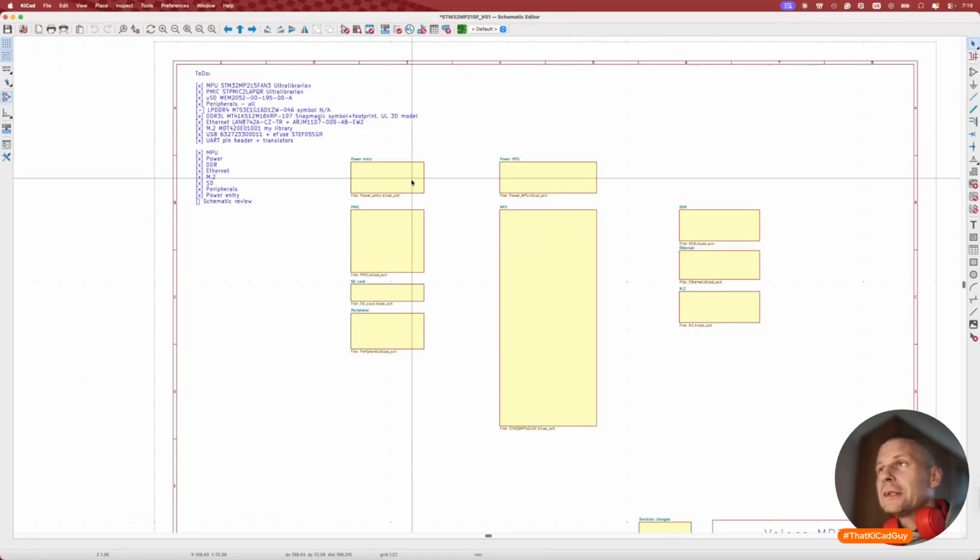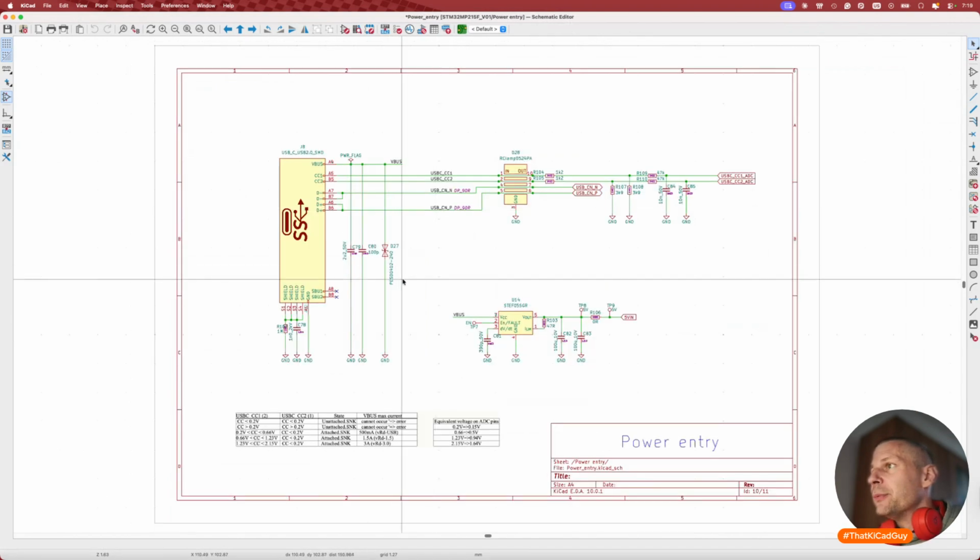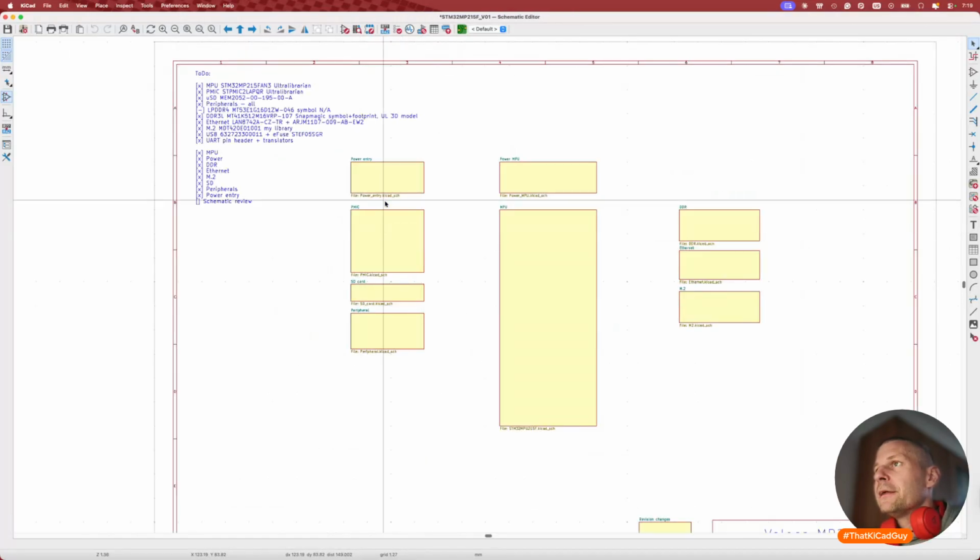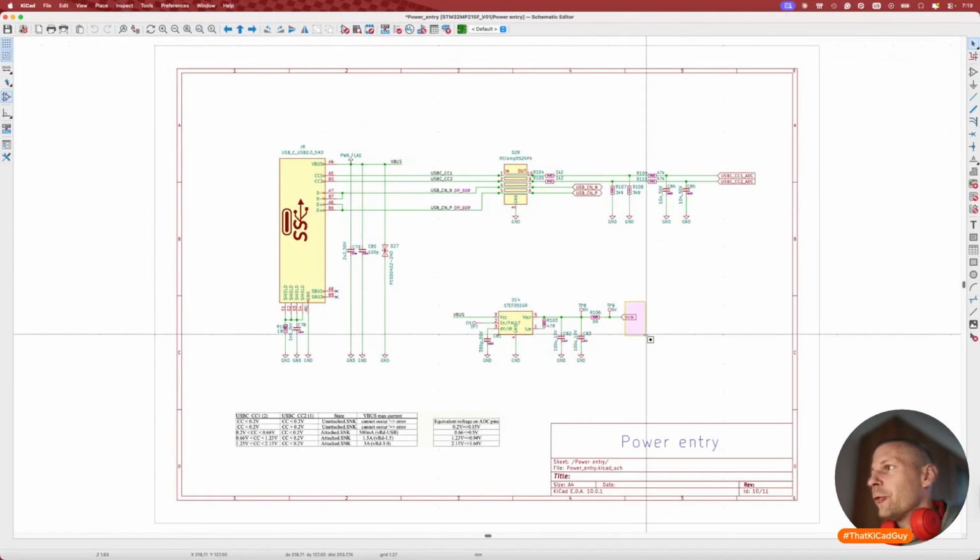If not, I will dig into that deeper later. This is the power entry with the E-fuse. The result is 5 volt in.